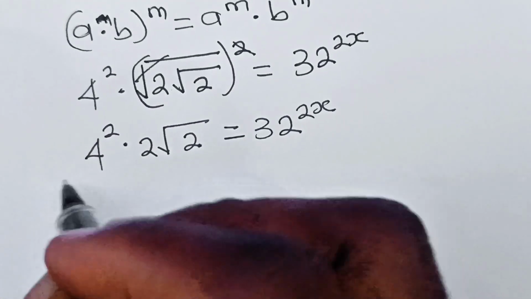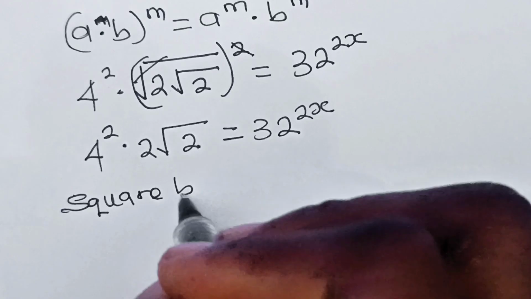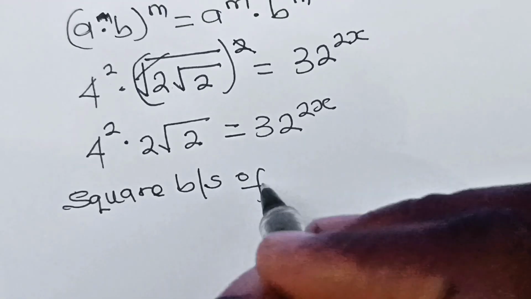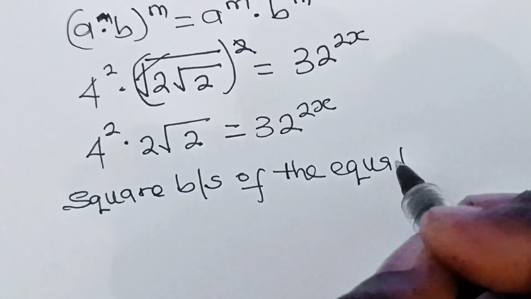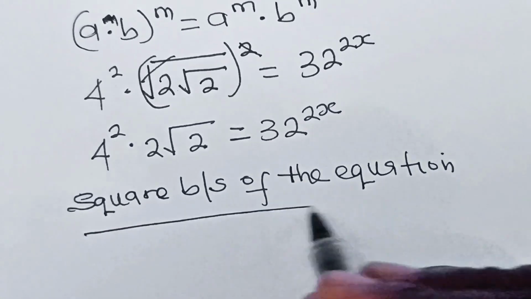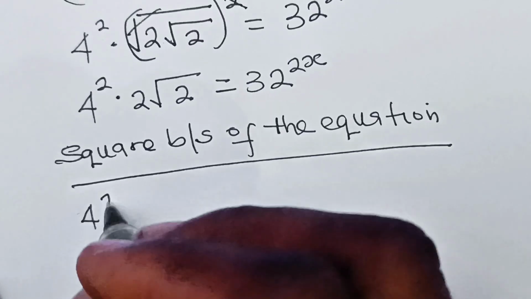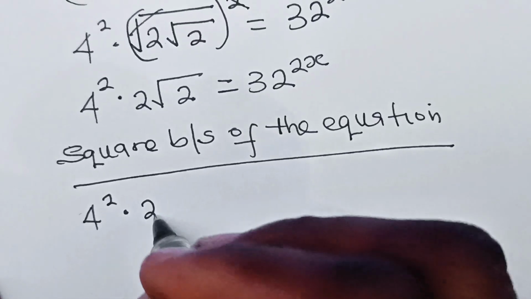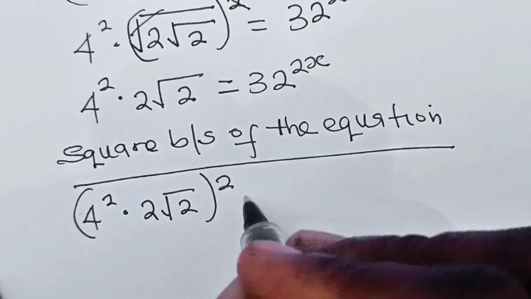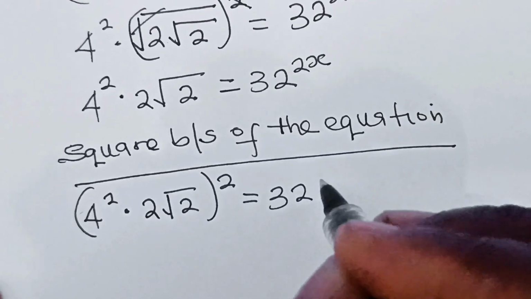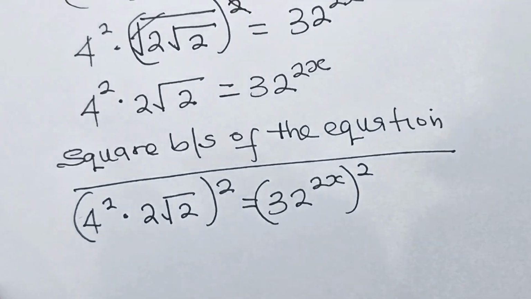Now let's square both sides of the equation again. So we have 4 squared multiplied by 2 root 2, all squared, is equal to 32 to the power of 2x raised to the power of 2 as well.